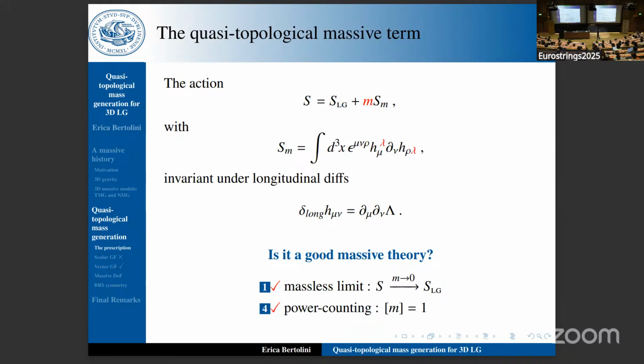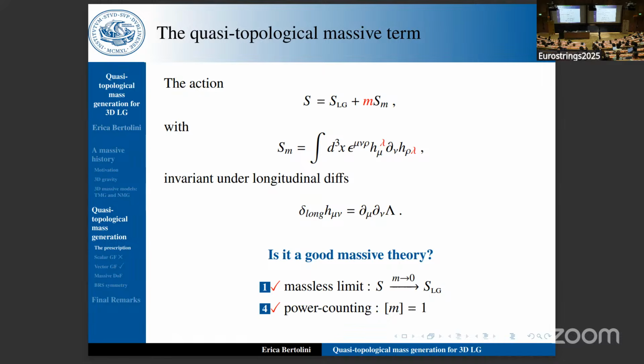So we have our action that's composed of the linearized gravity term plus a massive contribution. And the massive contribution is given by this Chern-Simons-like term. So it is linear in the derivative. It's not topological because we have summation over the indices.